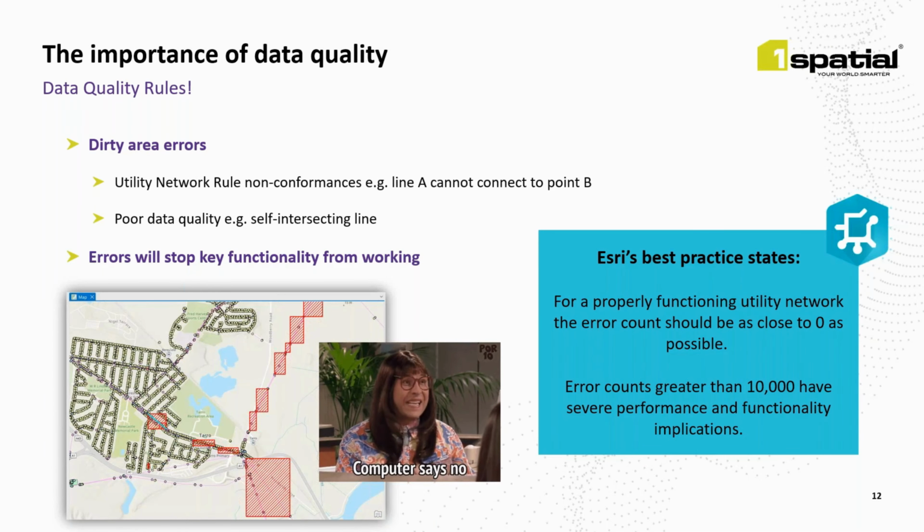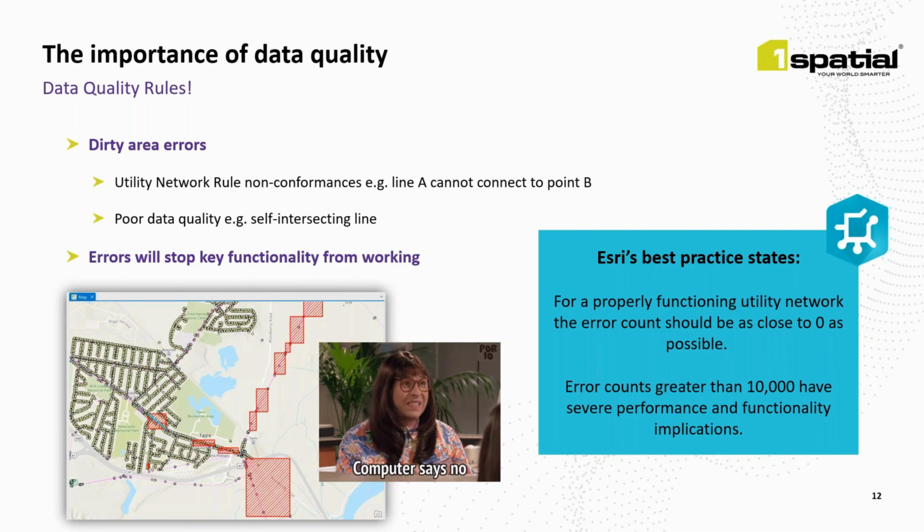So moving on to why this is so important. If you'd asked me six months ago, is data quality important to the utility network, I would have said yes, absolutely. If you ask me now, with the experience I've gained working with various clients, I would say it's not only important, it's critical. It's absolutely critical to the success of your migration.